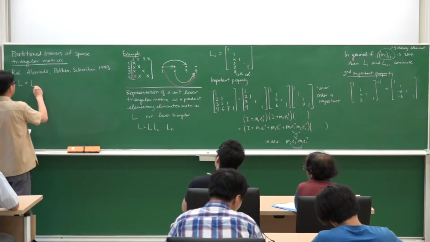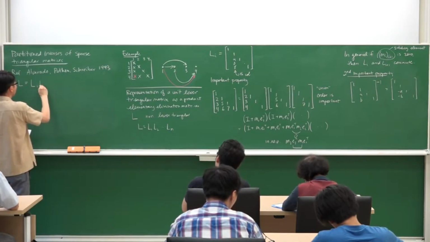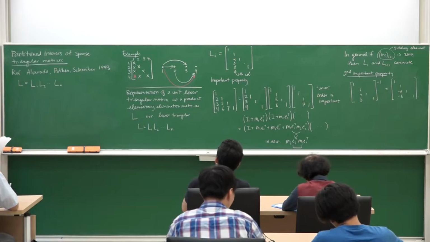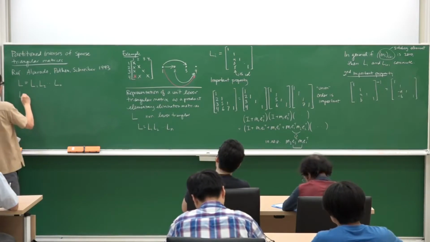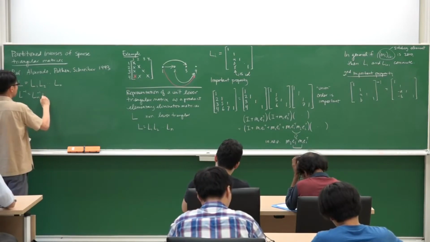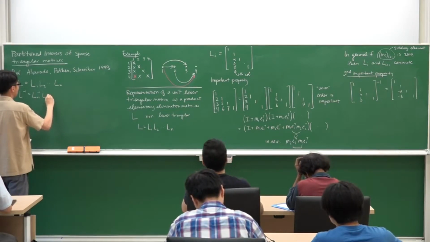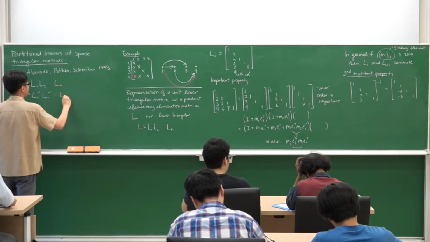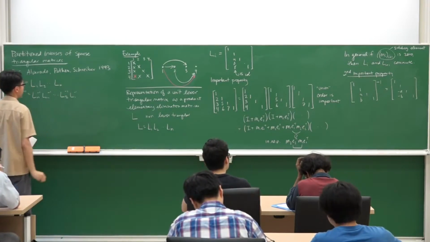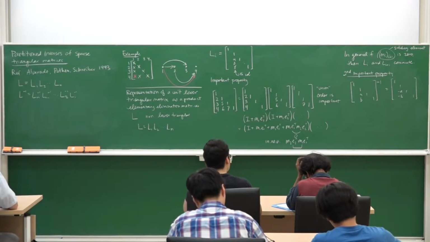So L is equal to the product of L1, L2, up to Ln. Okay. So L inverse is equal to Ln inverse, Ln minus 1 inverse, L2 inverse, L1 inverse. Okay.